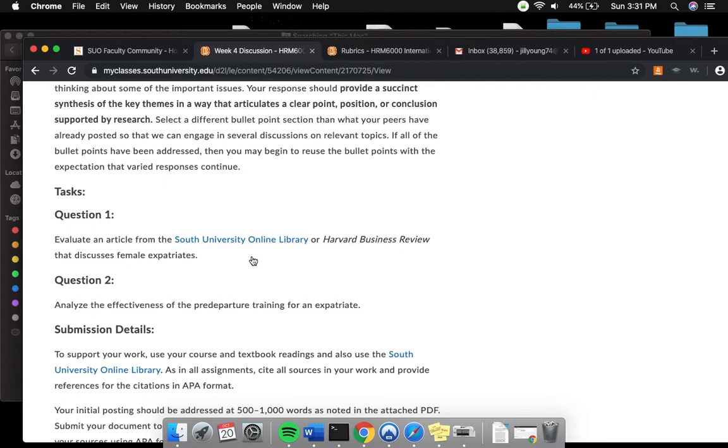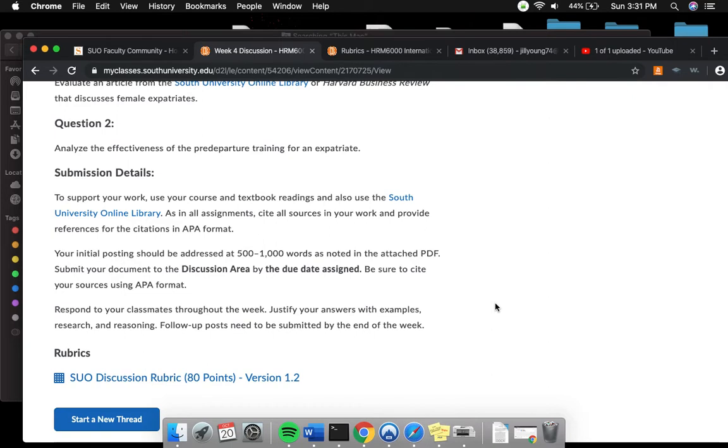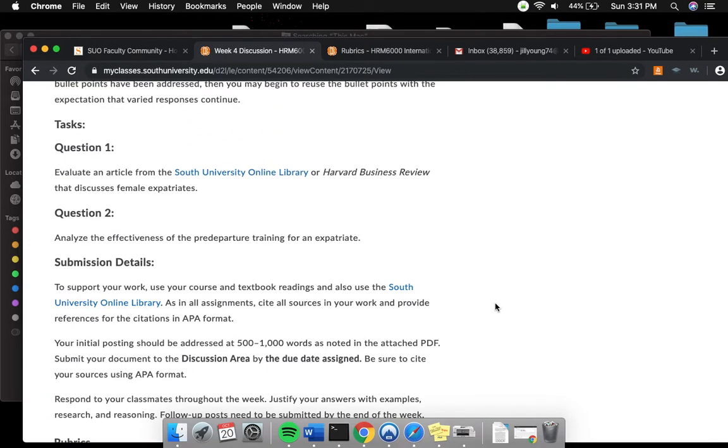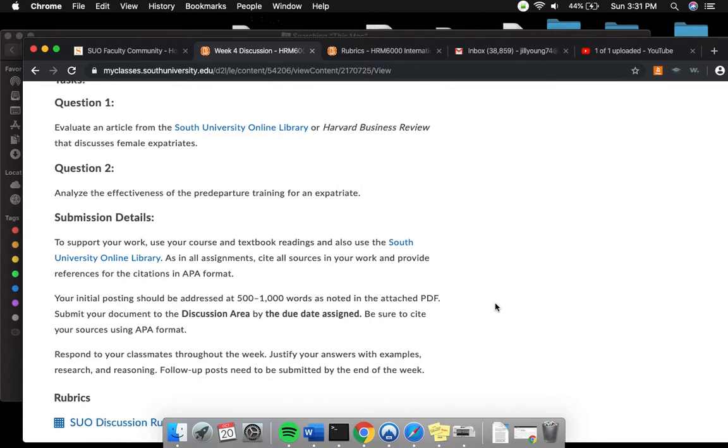Talk about how effective you think training is for someone taking an overseas assignment. What are some of the mandatory topics? What are some of the things they absolutely have to know? You're basically giving your opinion on that, but make sure to base it on some kind of supporting research as far as whether you think it's effective or not.